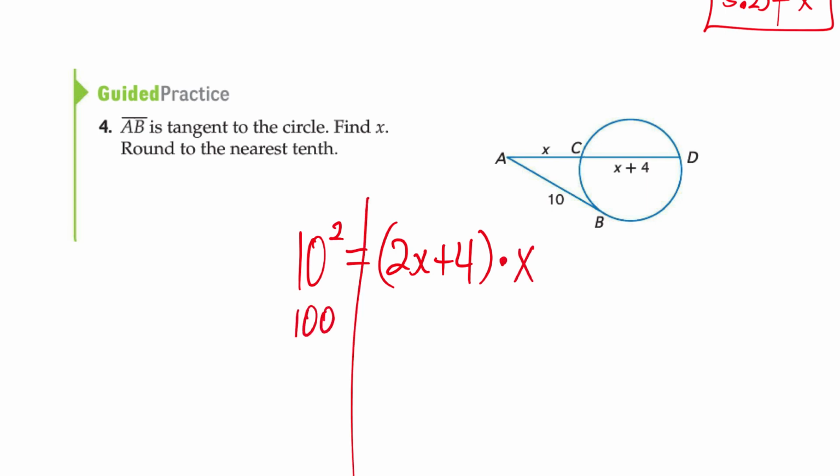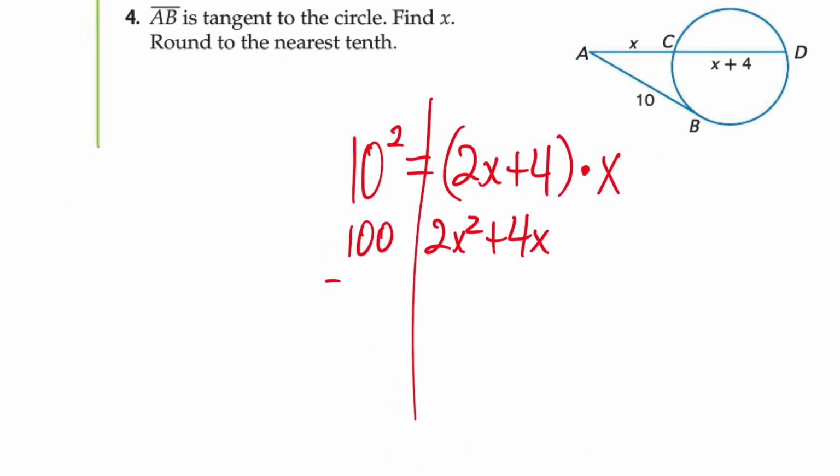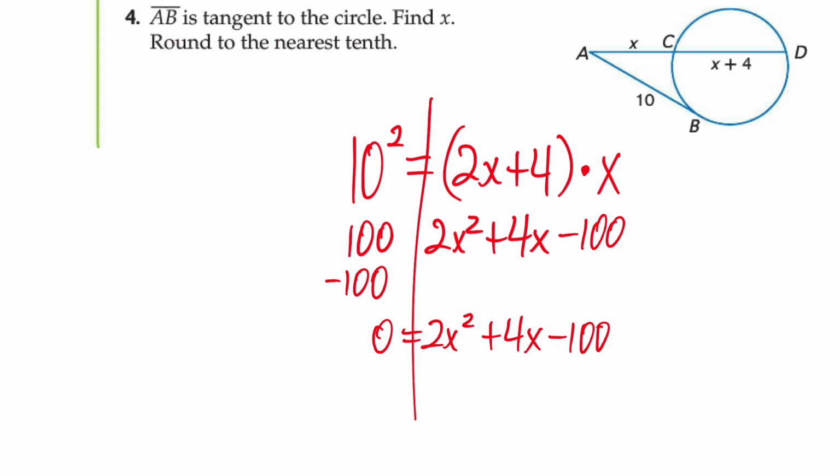So we get 100 equals 2x squared plus 4x. Not going to be able to cancel out the x squared terms, so let's go ahead and move this. So 2x squared plus 4x minus 100.